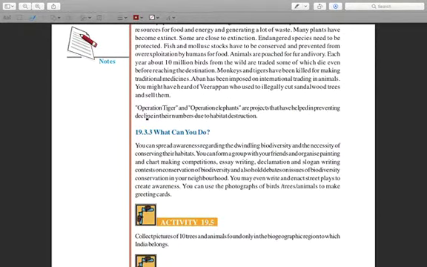And there are projects like Operation Tiger and Operation Elephant. The government has projects to prevent decline in their numbers, due to their habitat destruction. Habitat is their living area. Many people destroy their habitat.